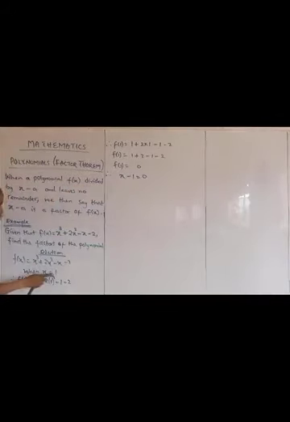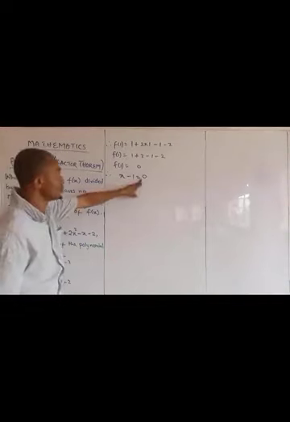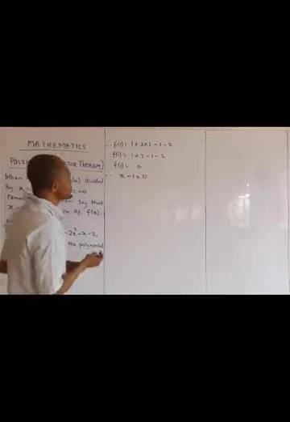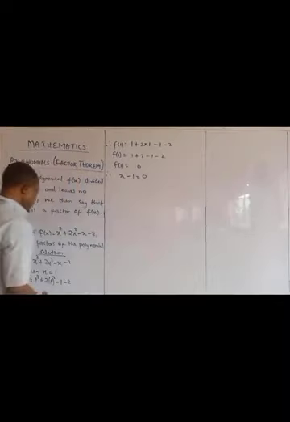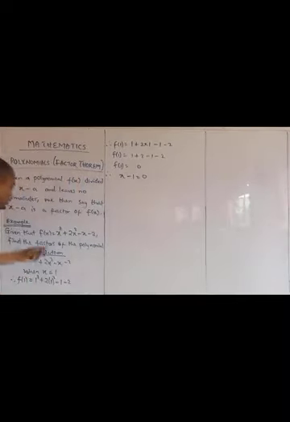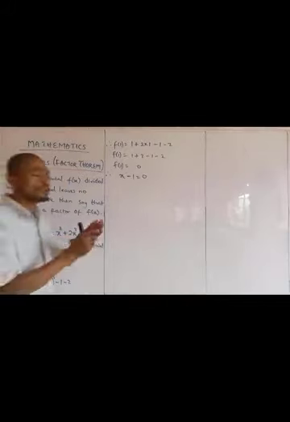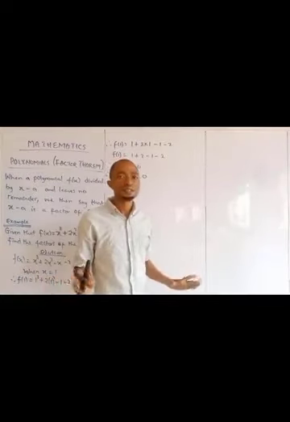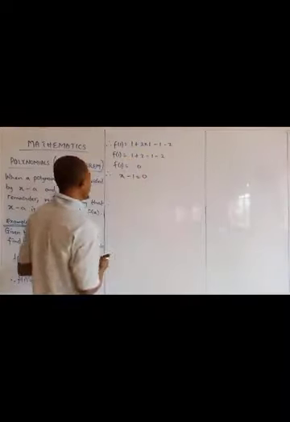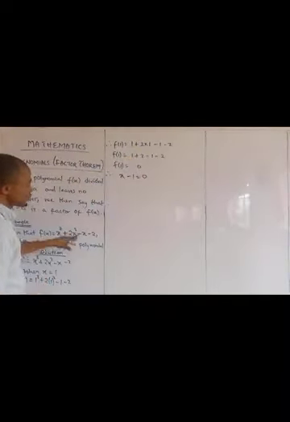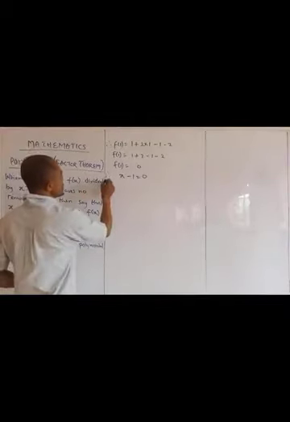In that case, if you bring this 1 to the other side, that is going to give us x minus 1 equal to 0. That means that if we use x minus 1 to divide this polynomial x cubed plus 2x squared minus x minus 2, it is going to give us no remainder. In that case, we say that x minus 1 is a factor of the polynomial x cubed plus 2x squared minus x minus 2.